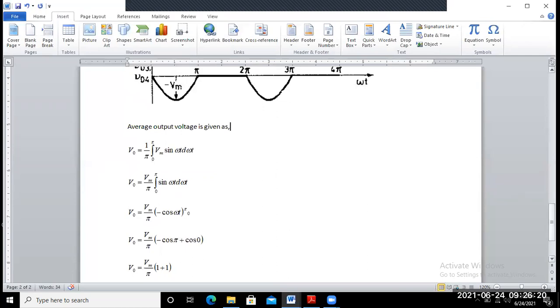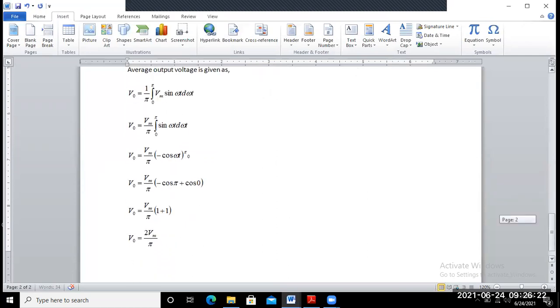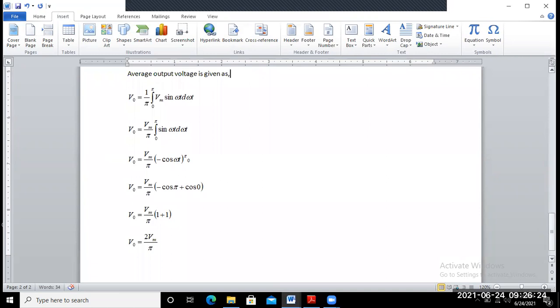So it is equal to 2 times the half wave value. The half wave value was how much? Vm by pi. So for the full wave it is 2 Vm by pi. So this is your average output voltage.